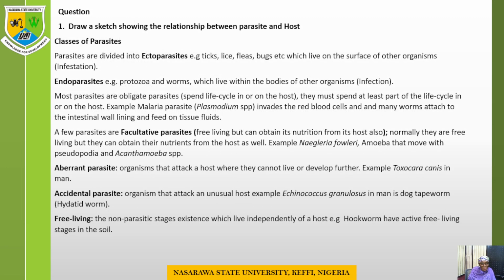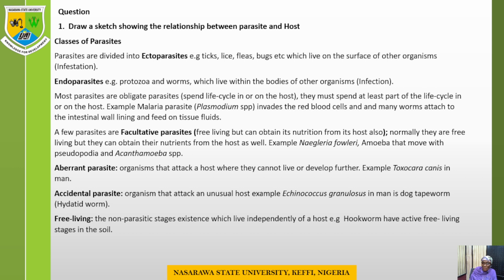Most parasites are obligate parasites. This means they must spend at least part of their life cycle in or on another host. So we refer to such parasites as obligate parasites.